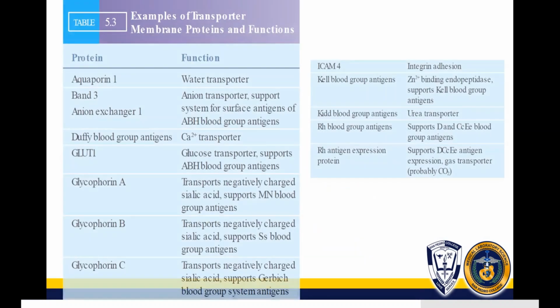Now, these are other proteins, examples of transporter membrane proteins and their functions. These transporter membrane proteins are found on the surface of the RBC, either as peripheral or transmembrane or integral proteins.